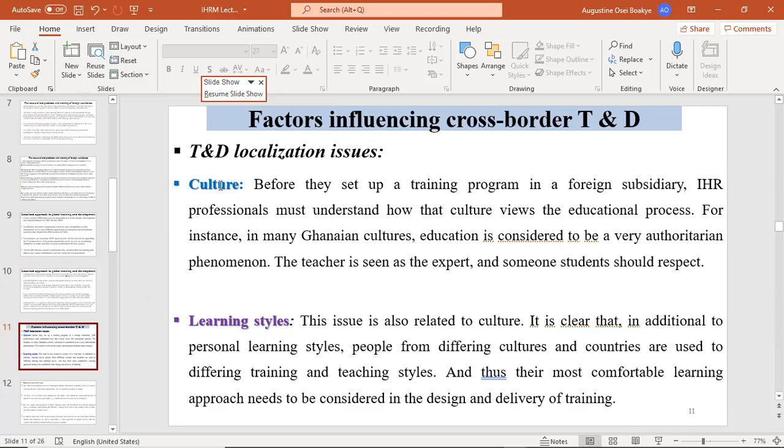Before they set up a training program in a foreign subsidiary, international HR professionals must understand how that culture views the educational process. For instance, in many Ghanaian cultures, education is considered to be a very authoritarian phenomenon.